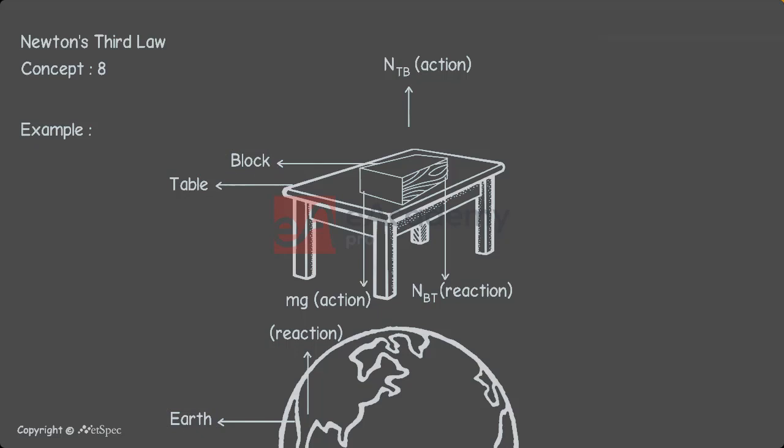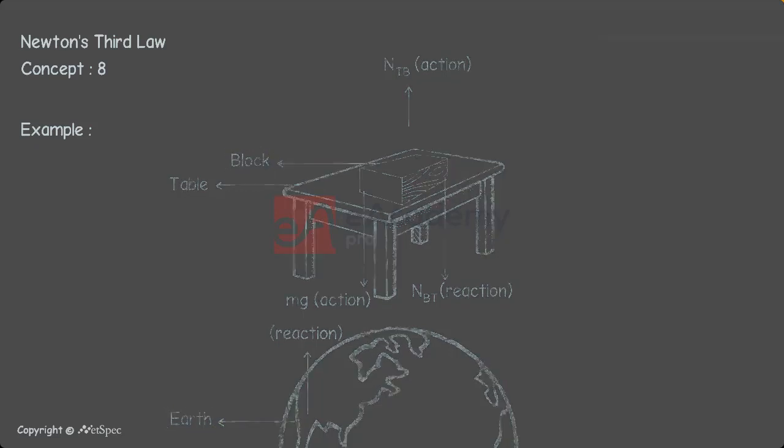In Newton's third law of motion, we saw that a single isolated force does not exist. Forces always exist in pairs. Therefore, there is always an action and reaction. So action and reaction act on two different bodies.